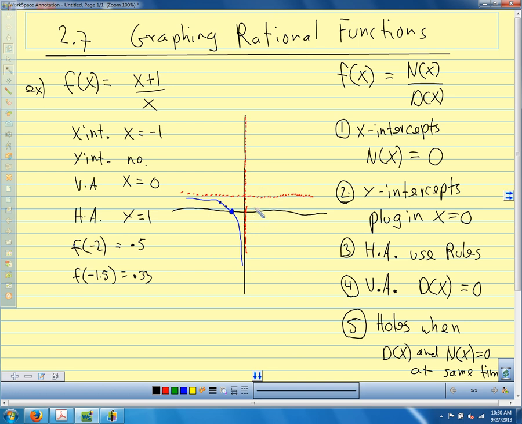So if I get a number less than 1, less than where my horizontal asymptote is, I know it's here. If I get a number bigger than 1, I know it's up here. So I calculate f of 1. When I plug that in, I get 2. So when I'm here, my graph is up here. So that tells me that my graph is going to look like so.